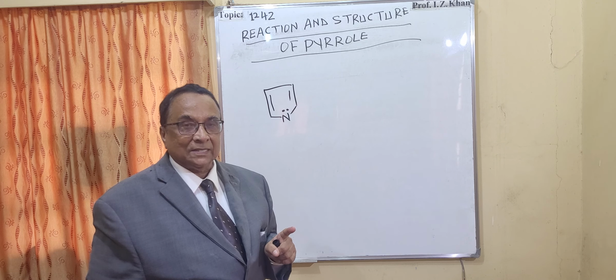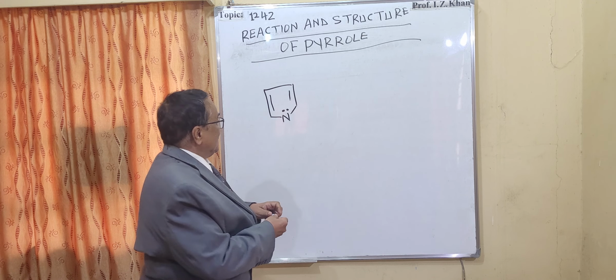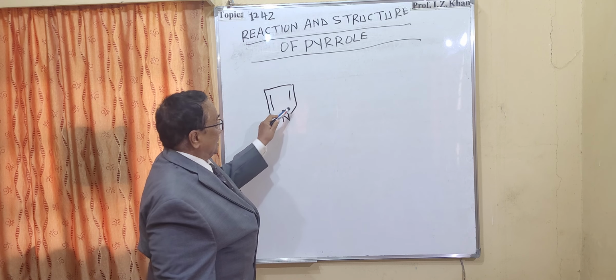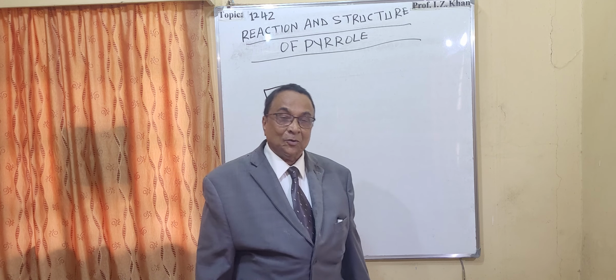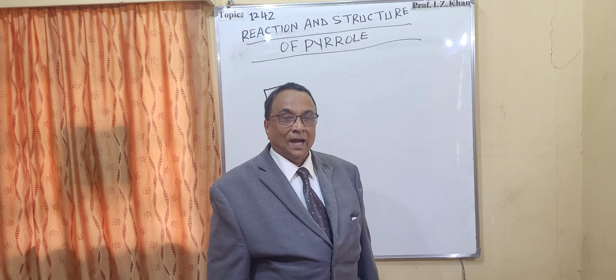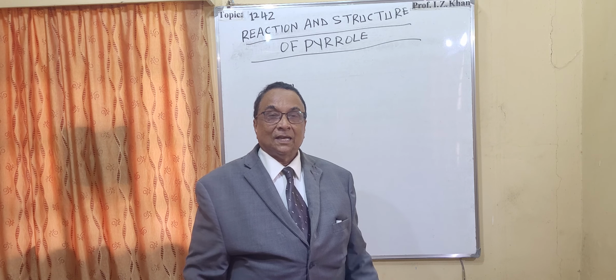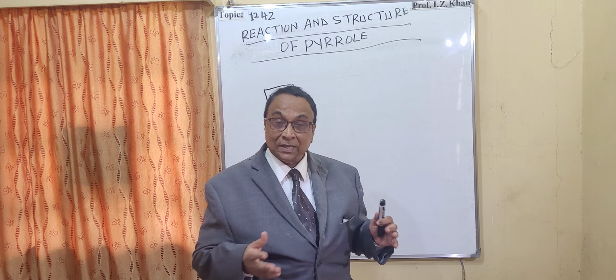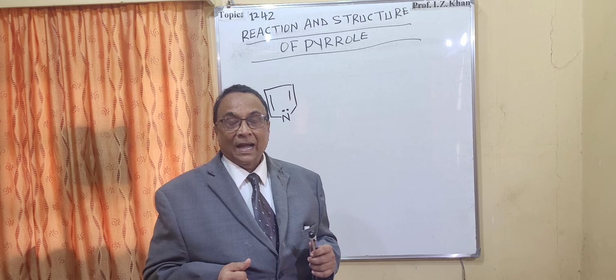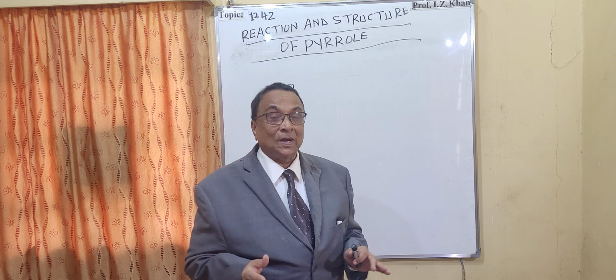Its first role is that it becomes part of the pi electrons of this 5-member ring, and that's why it gives aromatic character. It is very strongly aromatic, even more than benzene, and it is also a flat molecule.